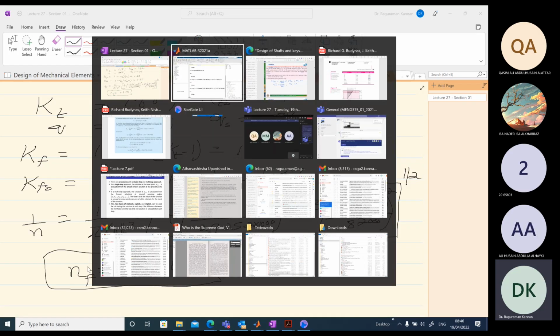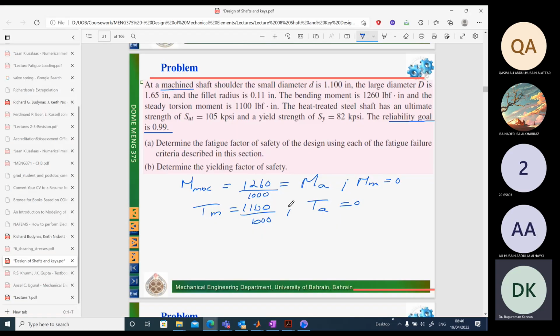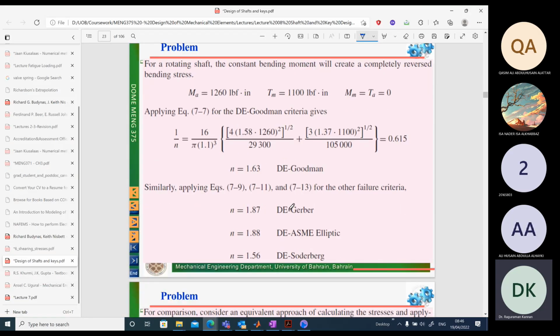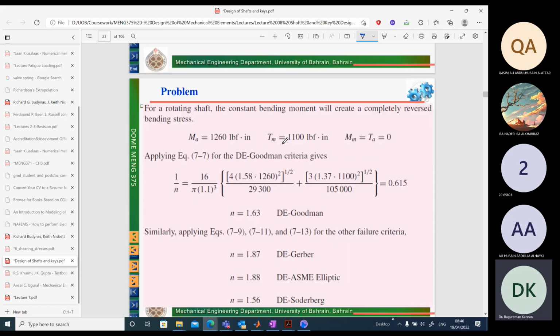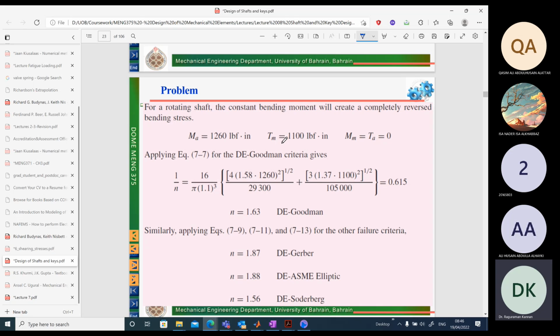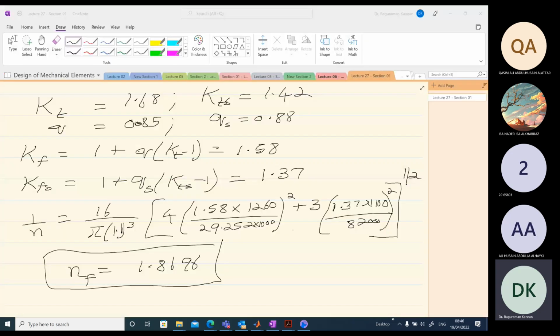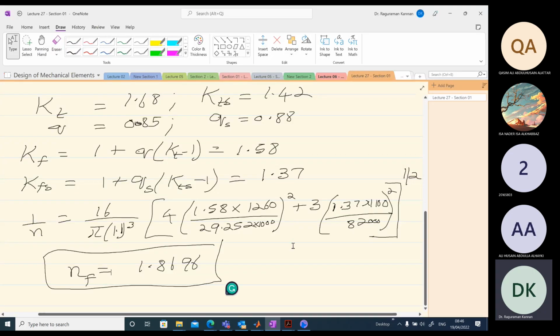So let's check the fatigue factor of safety according to ASME elliptic. These calculations here, I think these are for Goodman criteria, and we can see here for ASME elliptic 1.88, and we get 1.8696.